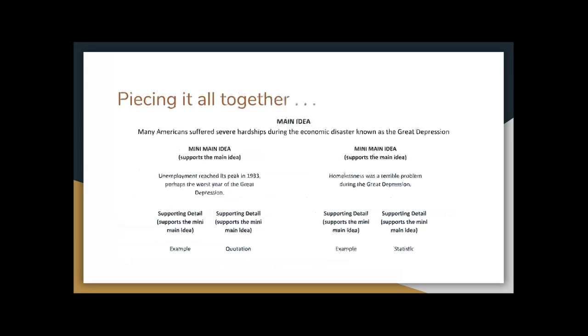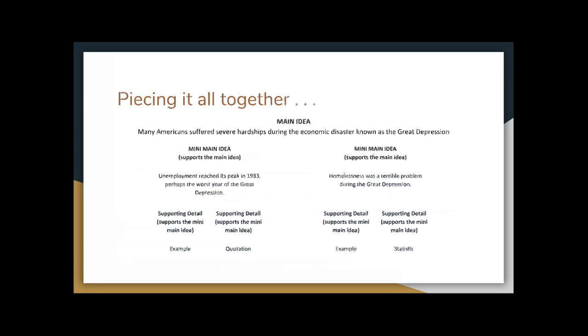So once we combine everything together, we see that the author is trying to prove a point. He uses a couple of points to support that, and then he uses details to help support those many main ideas.